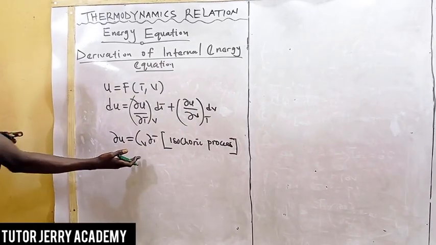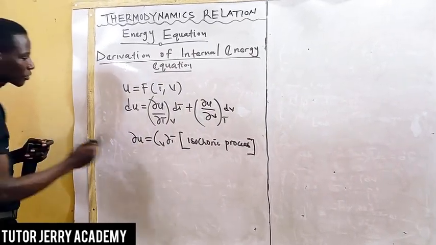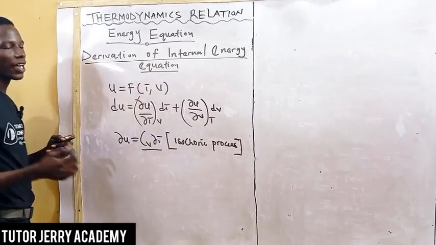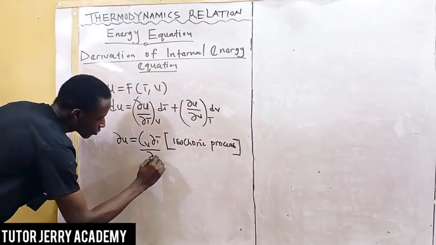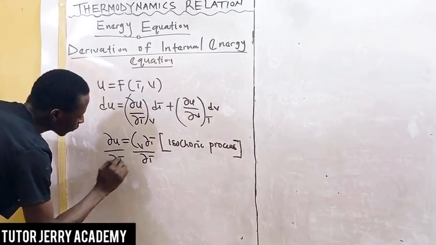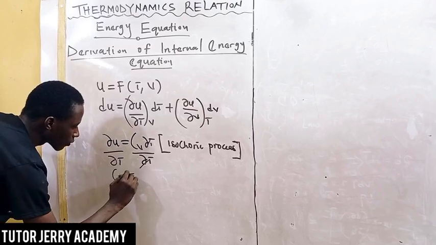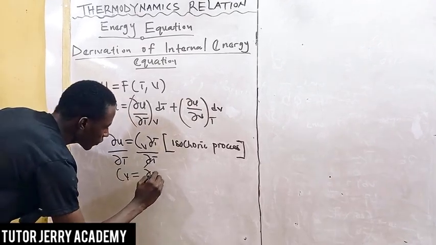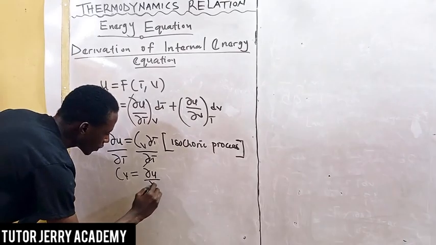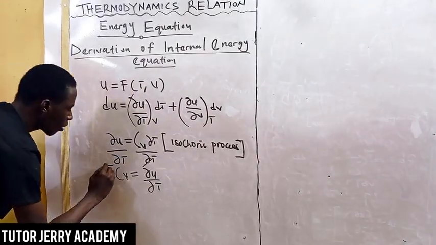Next, we are going to make Cv the subject of this relation. We divide both sides by the partial derivative of T, and we have Cv equal to the partial derivative of U over the partial derivative of T, keeping V constant. So this is what we have.